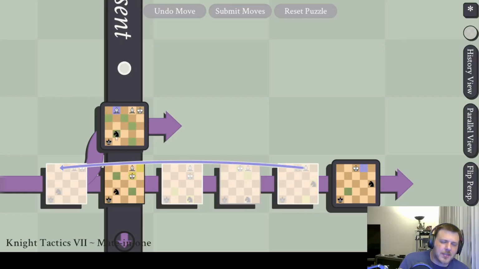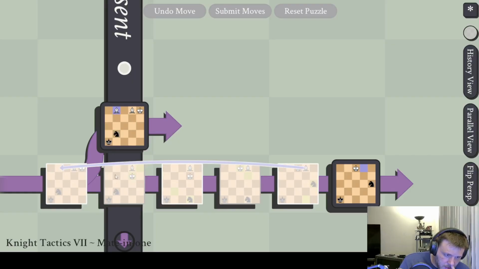Alright, so this is the board I have to move. Okay, so I've tried both of these and they didn't work. I don't want to move where a bishop can capture me. What is the deal?